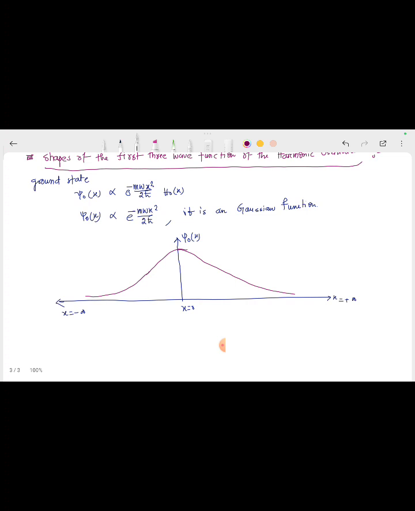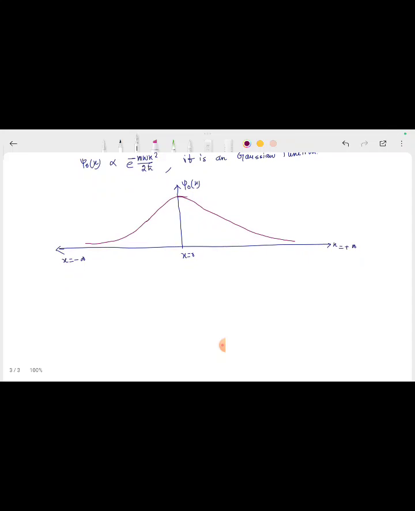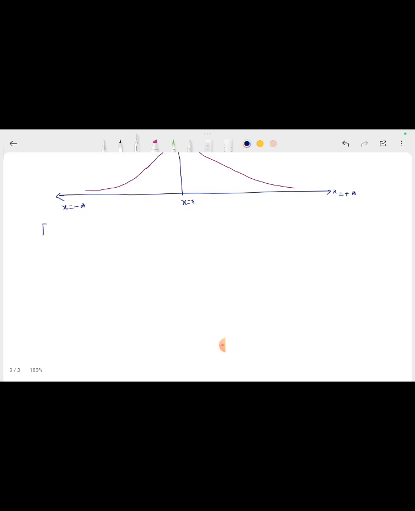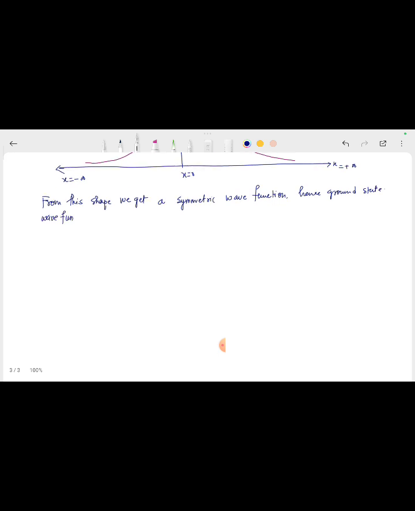As this is a symmetric wave function, the ground state is an even wave function. Hence, the ground state wave function is an even eigenstate. Even eigenstate.